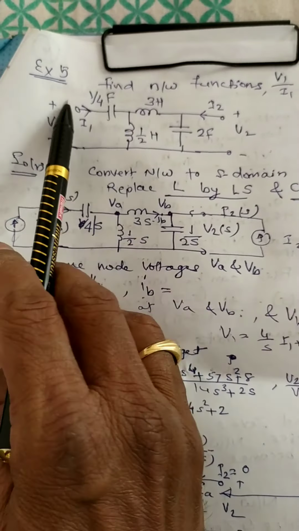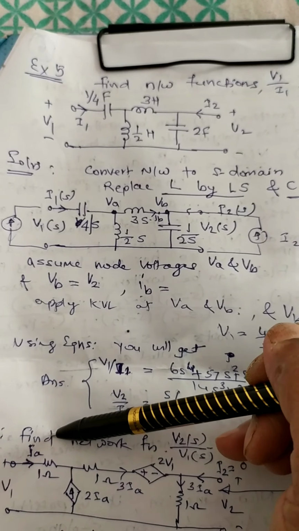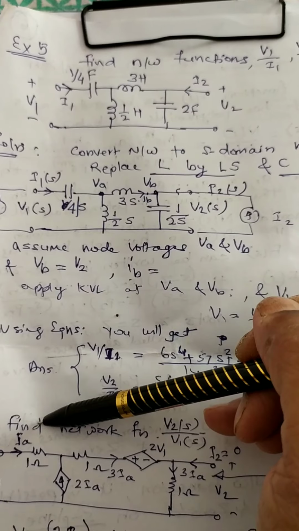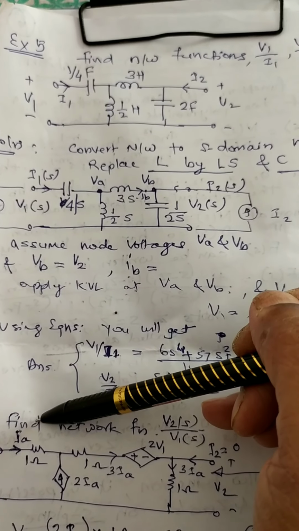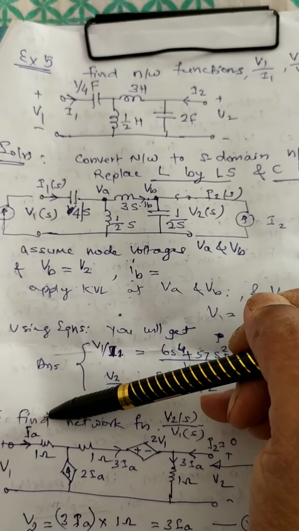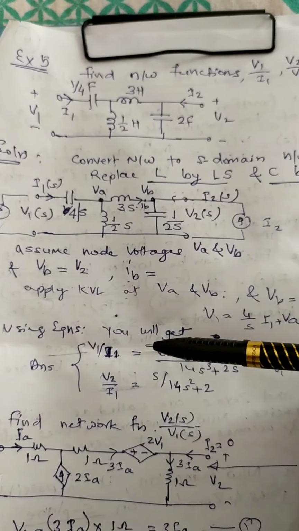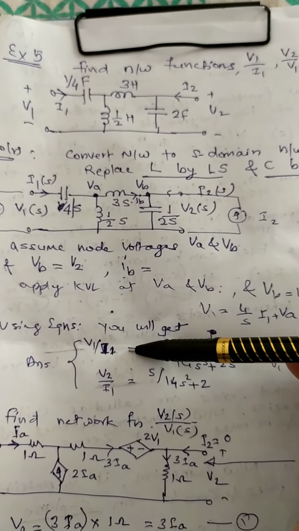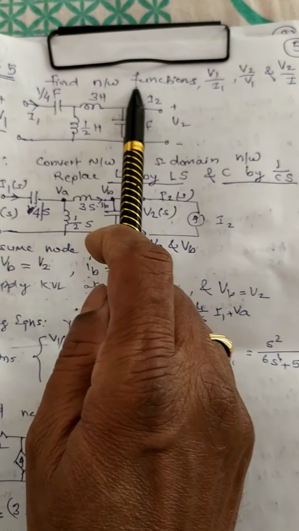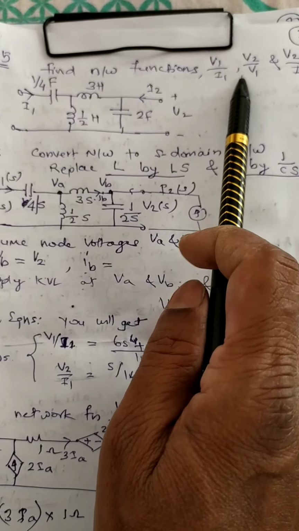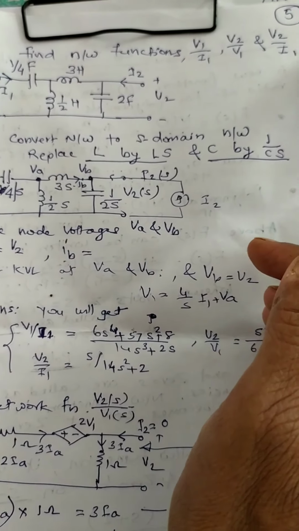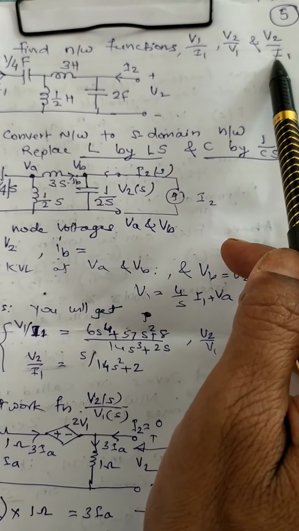Now, examples 5 and 6 I am keeping for assignment. I will only give the hint, and partially explain this one. These two problems are a bit more difficult than the previous ones. What is asked? Find the network functions V1 by I1, V2 by V1, V2 by I1.